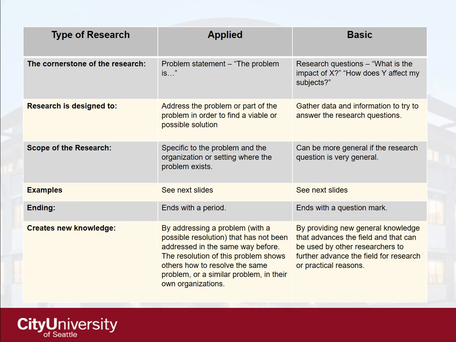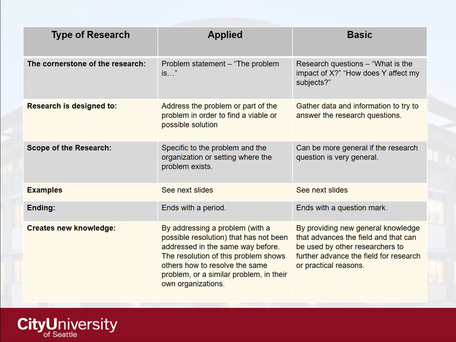So applied research says, here's the problem, here's the solution, here's the research done. Whereas basic research is like, okay, this is great, but now what? And applied research has this component too. The key in creating new knowledge by addressing a problem that has not been addressed the same way, the resolution shows others how to resolve the problem in the same way.